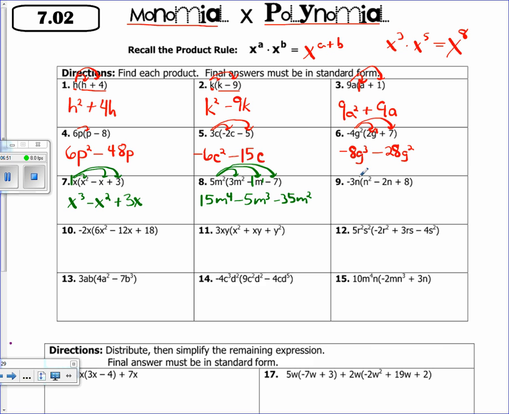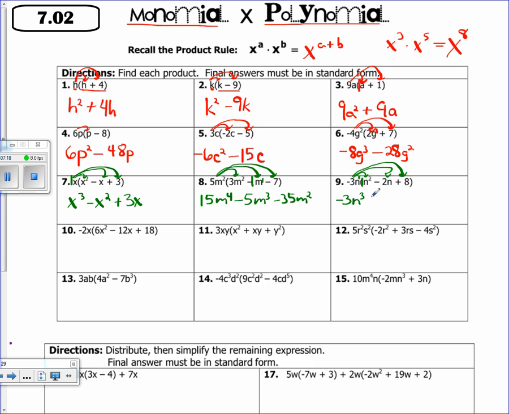Keep going with these. Negative 3n, distribute that. Oop, drawing my arrows in. Negative 3 times a 1 is going to be negative 3 still. N to the first power times n to the second power, that's going to be n to the third power. This next one is a negative times a negative, so remember what I said before, that's going to change the sign.